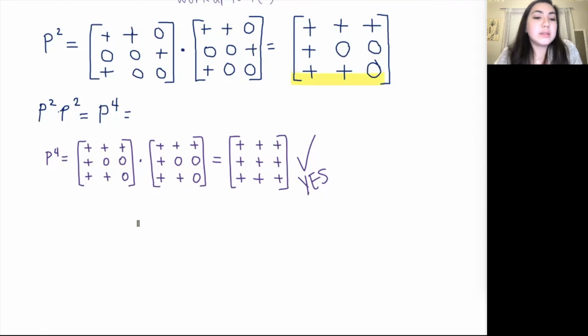So we can see that p to the 4th has all positive entries, which satisfies our condition of some power of p having all positive entries. So yes, this Markov chain is a regular Markov chain, and it will have a stable state vector.